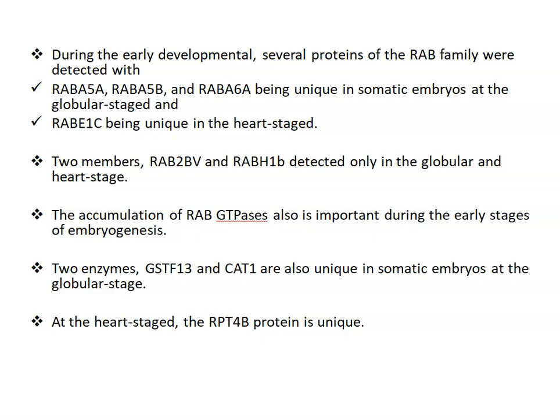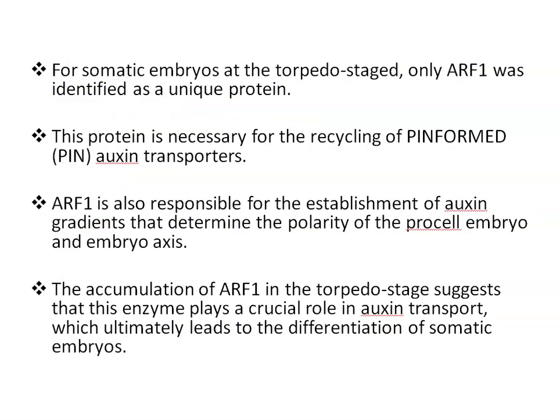These findings suggest that antioxidant enzymes, meaning GST and CAT, play an important role in stress response during the development of somatic embryos. With respect to the somatic embryos at the heart stage, RBT4B protein was unique. Then for somatic embryos at the torpedo stage, only ARF1 was identified as a unique protein.